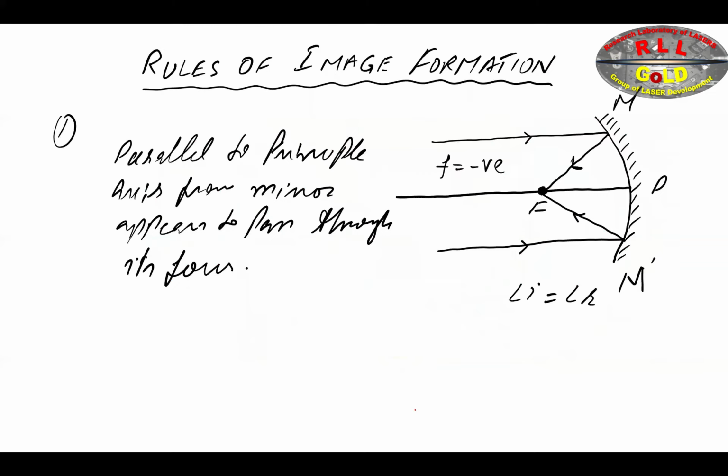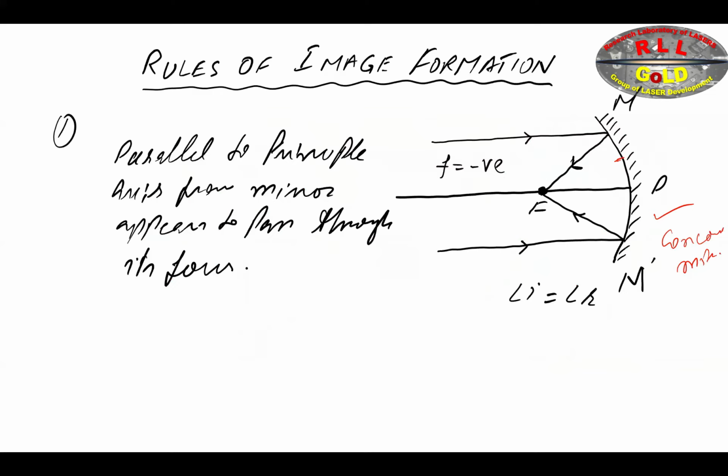Here, this is the first rule in general. I'm trying to explain in a very simple way. What do you see here? The outer surface is polished, so light is reflecting from the inner surface, so it means it's a concave mirror.